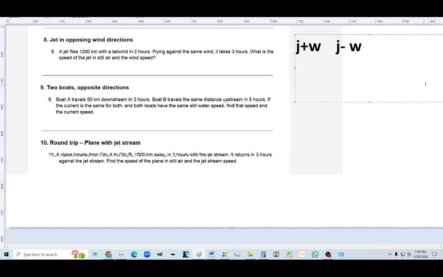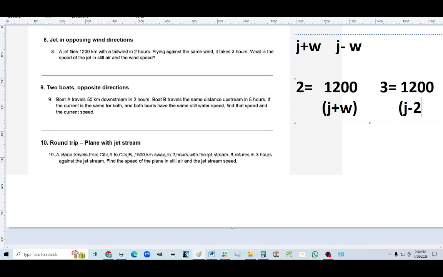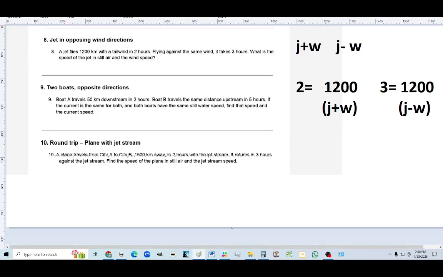It's always the time 1, which is 2, is equal to the distance, which is constant. And the shorter time, which is 2, is always divided by this speed. And the 3 is the same distance, but divided by the minus speed because it's a slower time because we're going against the wind. There's your 2 equations, solved in the same way.